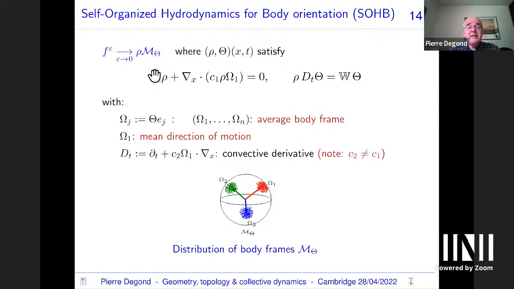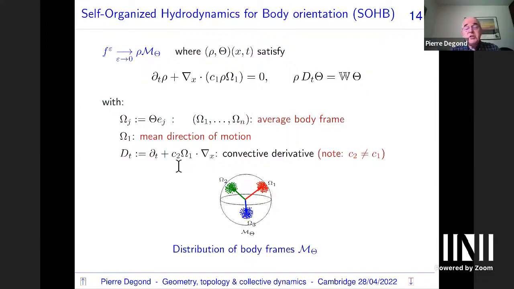But apart from that, there is not much to say about these continuity equations, rather classical. The equation for theta, though, is a little bit more unusual, right? So first of all, what is this capital DT? Capital DT is a material or convective derivative in the direction of the self-propulsion direction omega 1.